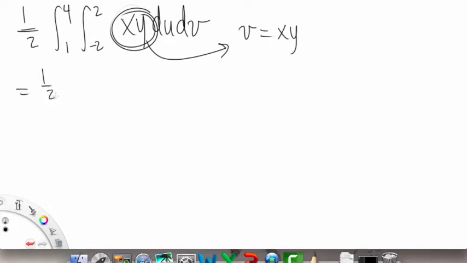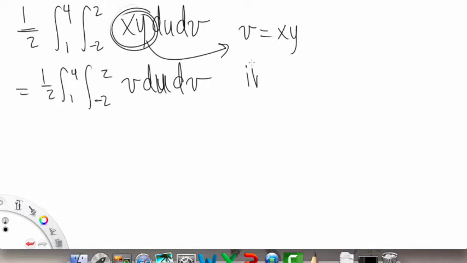So then we get 1/2, 1 to 4, negative 2 to 2 of v du dv. As you can see here, since we have constant bounds on everything, this is an iterated integral, so that means we can split it up.